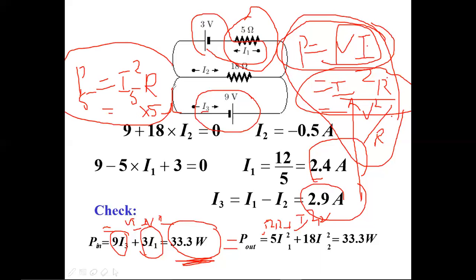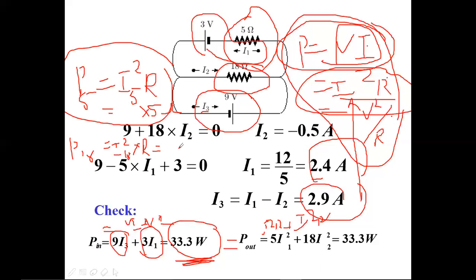This is P5. What about the other load element, 18 ohms? For finding the power consumed at 18 ohms, the same analysis. P18 is equal to I18 square, the current flowing through this 18 ohms, into the resistance of 18 ohms.